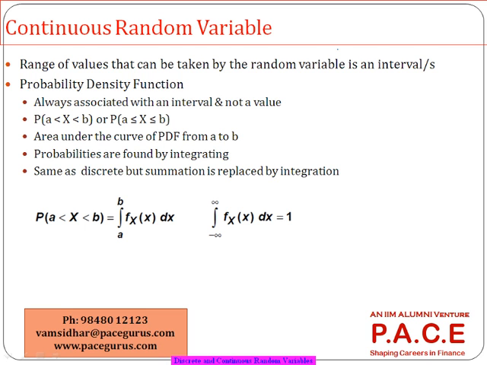I can say 0 claims is possible, 1 claim, 2 claims, and at the max, let's say 10 claims. I can still look at it as a discrete random variable. But look at claim amount. It can be right from 0 to something else, so it has to be a continuous random variable.